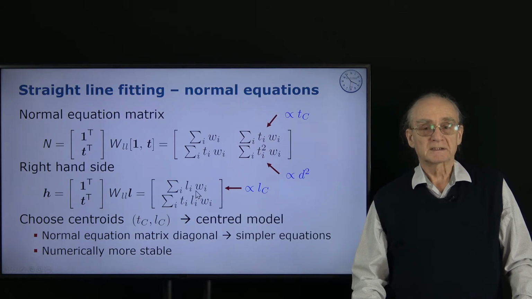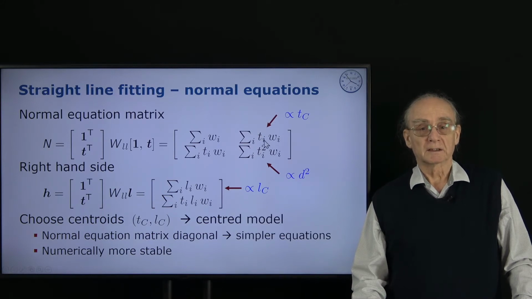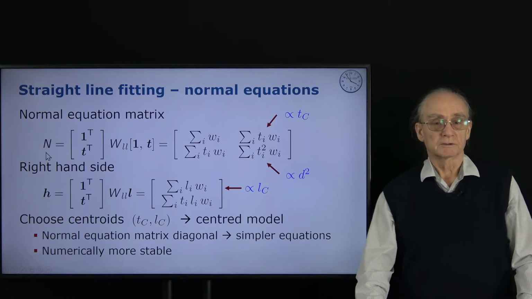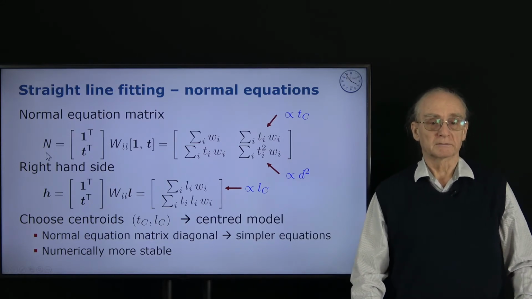And what we will see immediately is that if the t's are very large, then we will have a high relation between the 1,1 and the 2,2 element. That means this matrix might be close to singular, which we would like to avoid because we have to invert N, or at least solve the equation system with N as coefficient matrix.